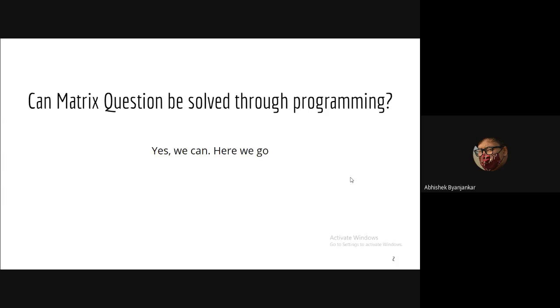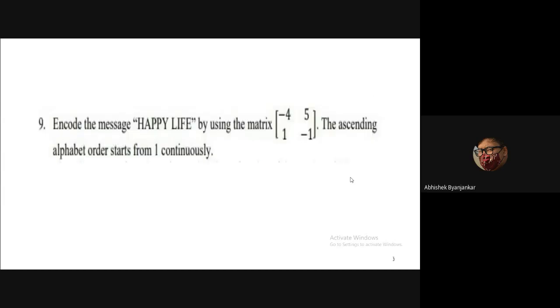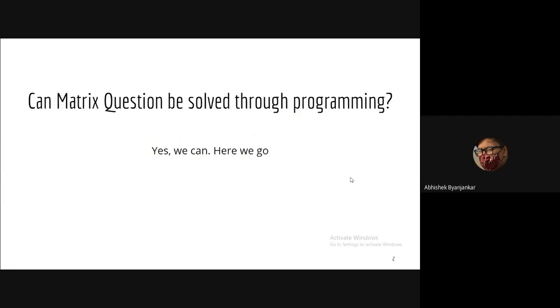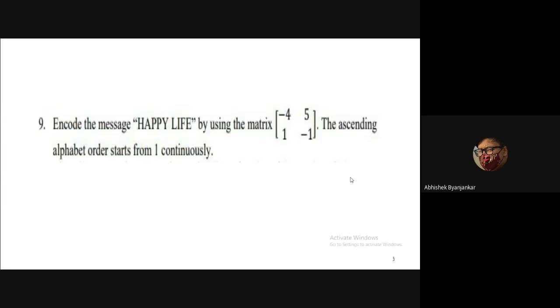So moving ahead, you can see the question that had been provided by faculty Mr. Durga Thakal sir. The question says: encode the message "happy life" by using the matrix [-4, 5; 1, -1], which is a 2 into 2 matrix.